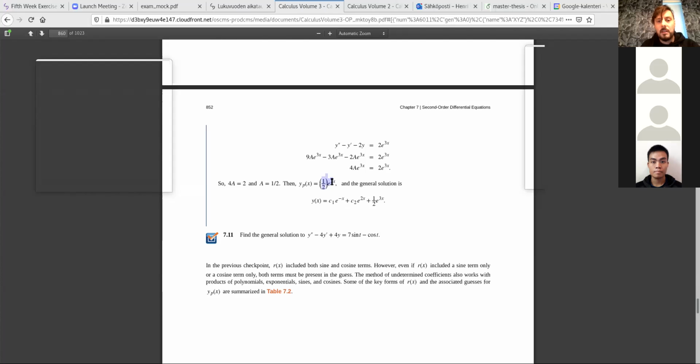So we get the particular solution 1/2 times e to the 3x. You can verify that if you put it into the left-hand side of the equation, you get 2 times e to the 3x. And because this is not something you can express with the homogeneous solution, you just add it into the mix.